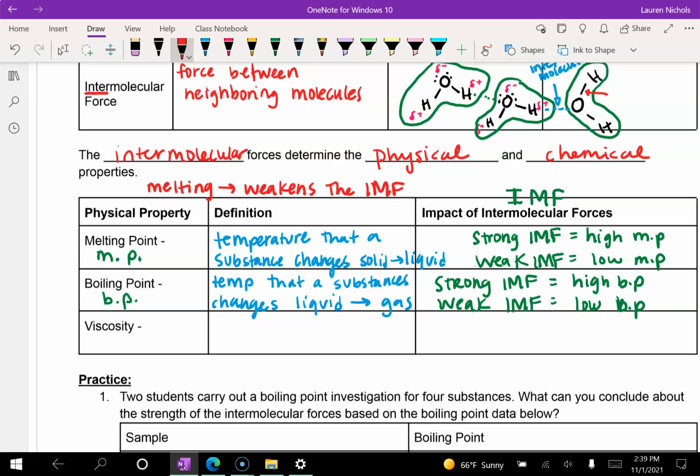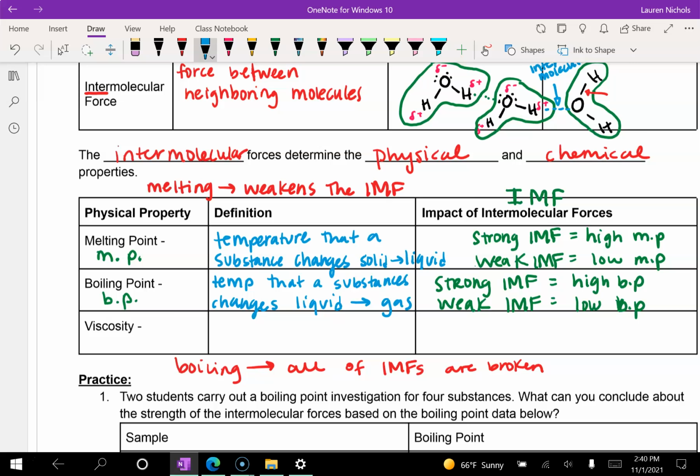You don't pour it and then some go down and some float up in the air, anything like that. But when you boil something and it goes from a liquid to a gas, okay, this is when all of the intermolecular forces are broken completely. And this is why gases can spread out throughout the room.